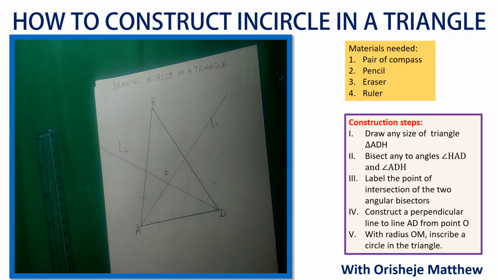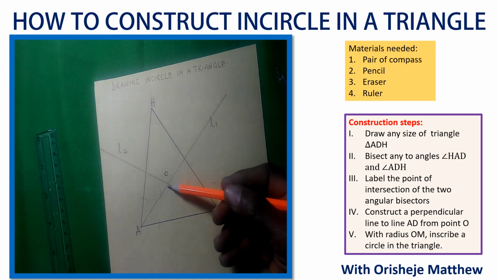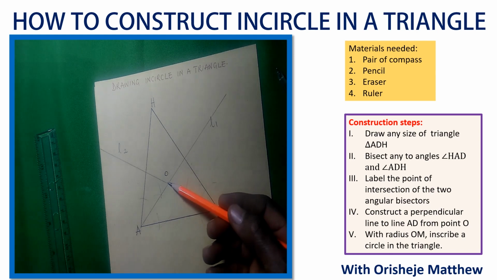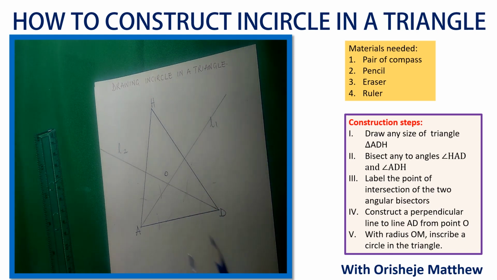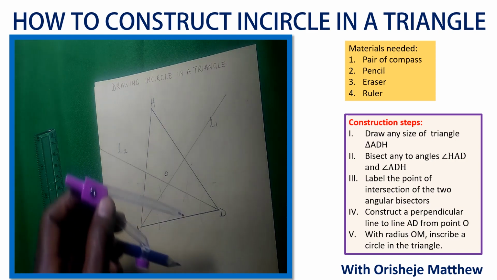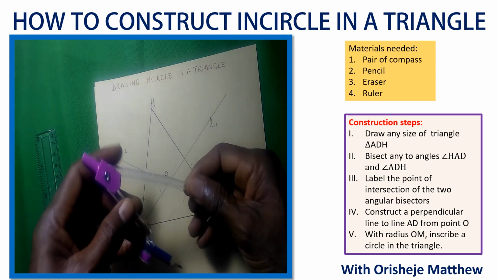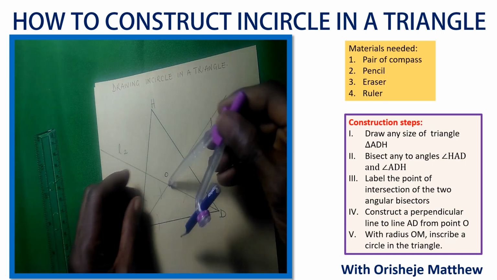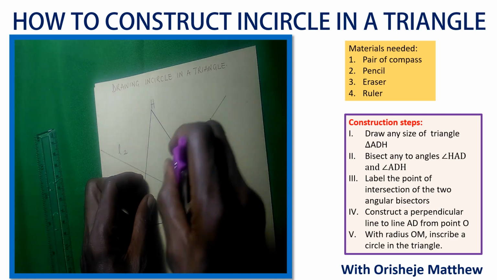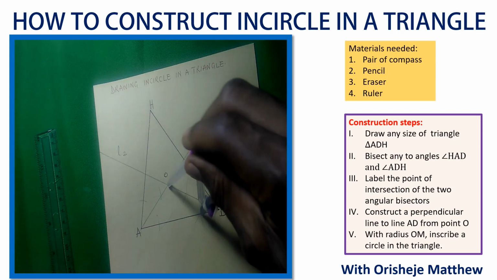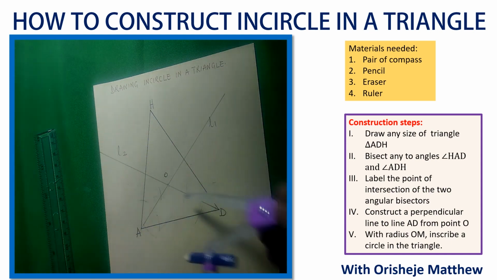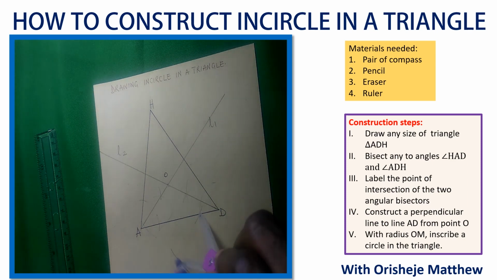Alright, from that point O, let's construct a perpendicular to line AD. Just take any radius, put it at point O, and cut line AD at any two points. Then move it up to that point of intersection and describe an arc on top.